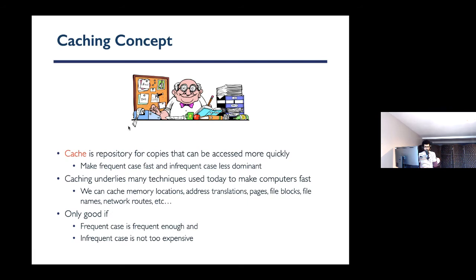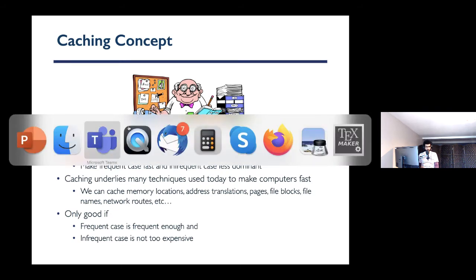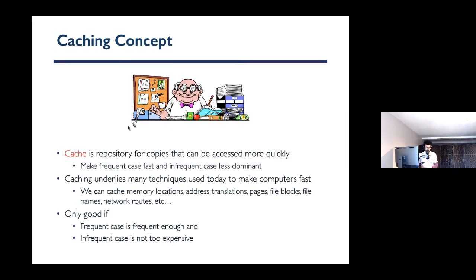So when is caching actually good? That's a question that you always have to ask, to identify whether or not adding a cache would improve your performance. For a cache to improve your performance, you need to have frequent cases.